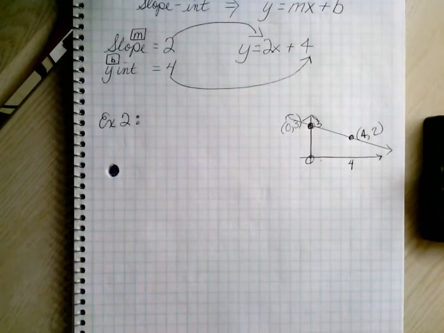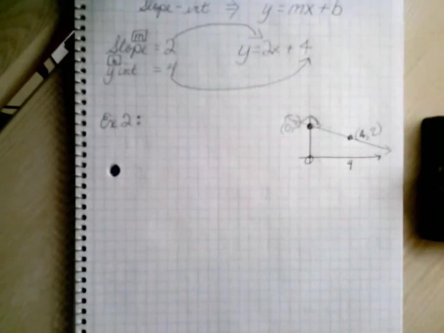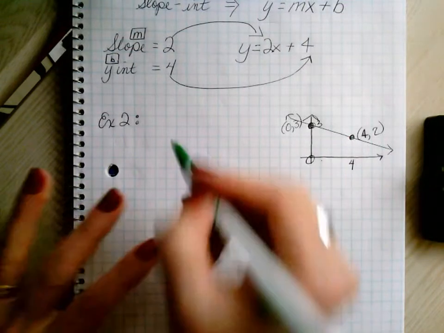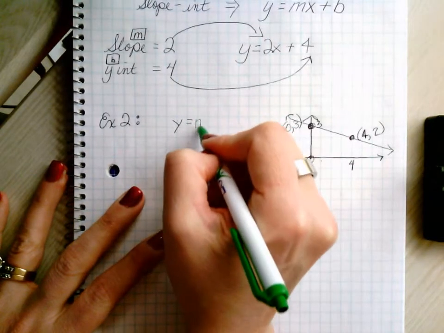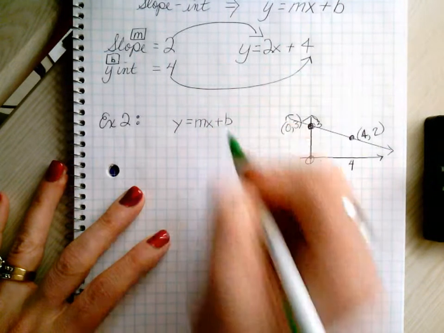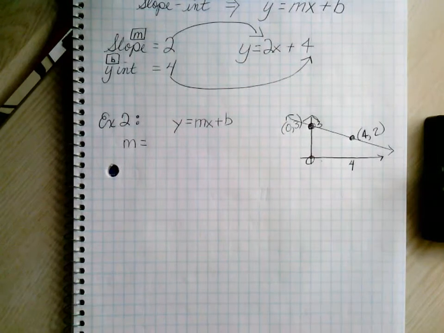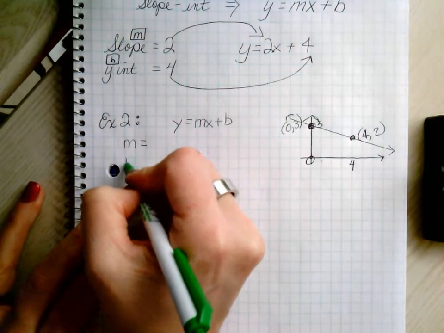Now, clearly there's more points. I know that. There's 1,000,001 possibilities. But what they have given you is what you need to use to create an equation. y equals mx plus b. Do I know my slope? Not yet. Do I know my y-intercept?